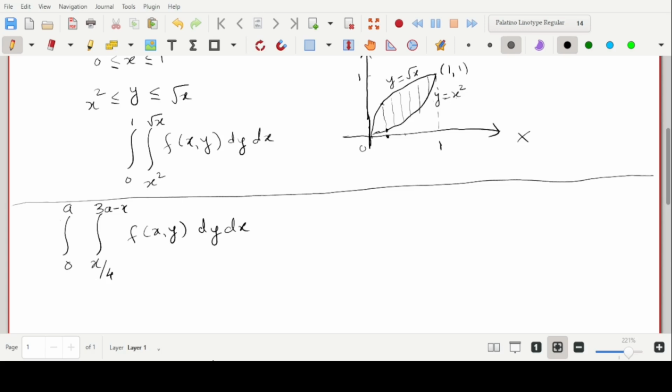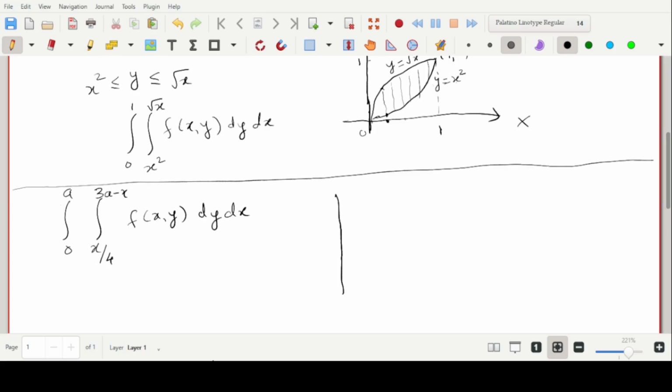So again here, begin by drawing a diagram. Let us draw this diagram. So first y varies from x over 4 to 3a minus x.